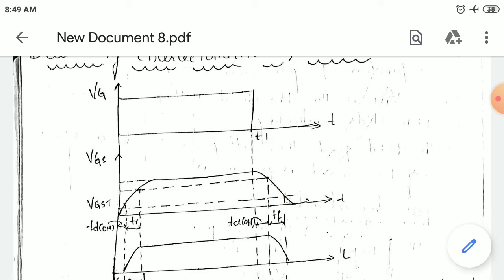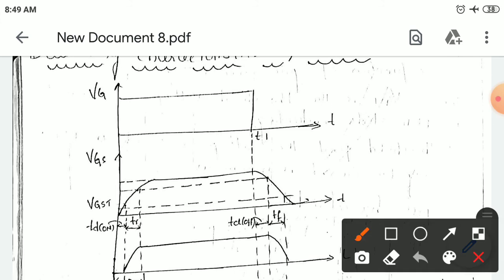That means the discharging time is divided into two. When the negative voltage is applied, it starts discharging, but not suddenly, it discharges slowly. The time from saturation to the threshold point is called the delay time. Then from there to 0 is called the fall time.